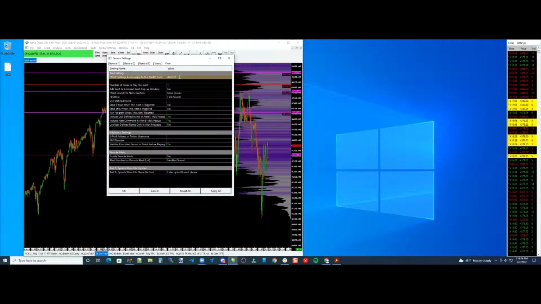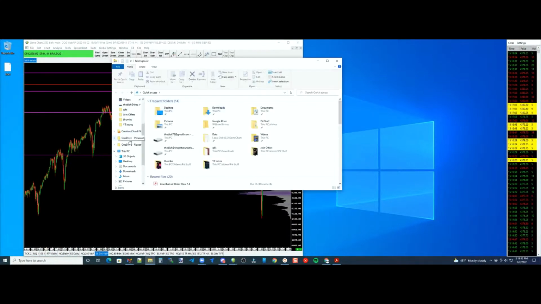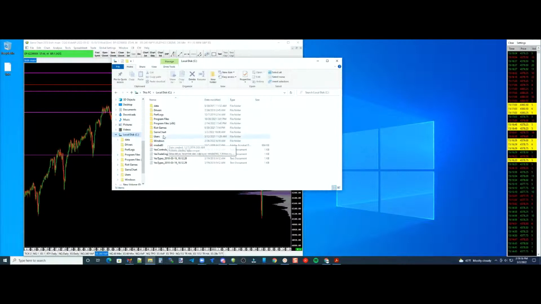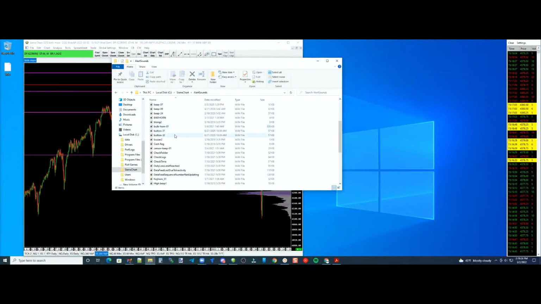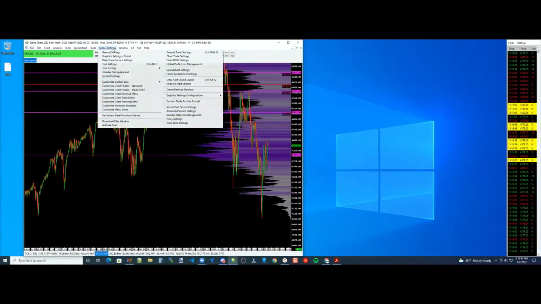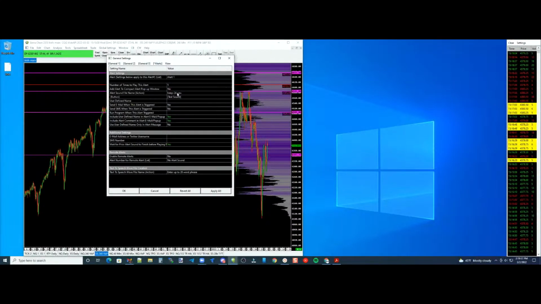My alerts will give you a deep horn or a loud beep. You have to set up your own alert sounds the way you want. To do that, take your alert settings into your Sierra Chart folder. I just download free wave sources and drop them in here, and then you assign them under global settings, alerts, alert 1, for example.